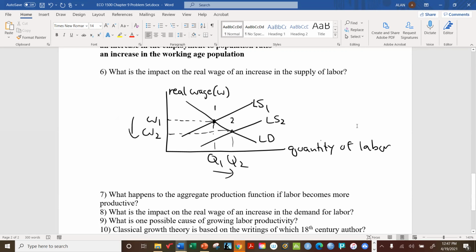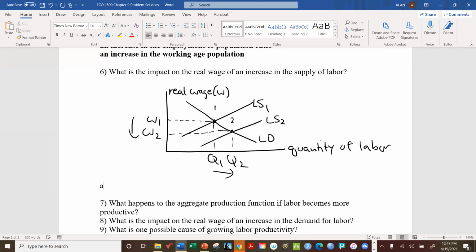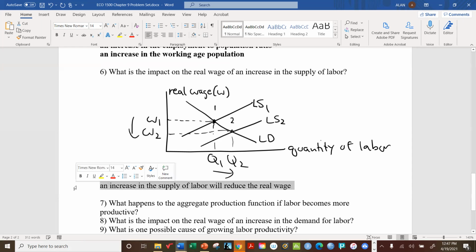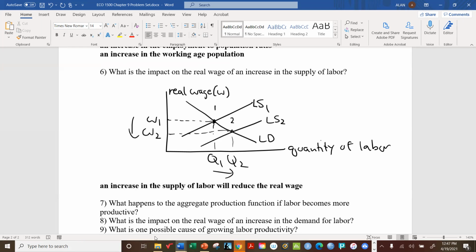Oh, so I forgot to write it out. I just have the graph here. An increase in the supply of labor will reduce the real wage. Okay, because there's more people competing for the same jobs. That's basically the bottom line.